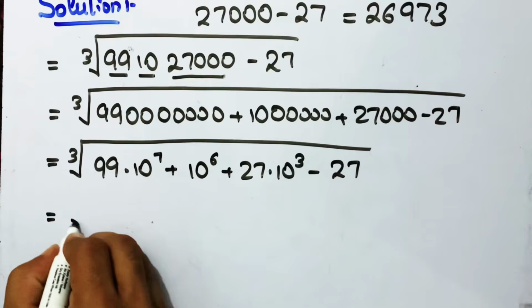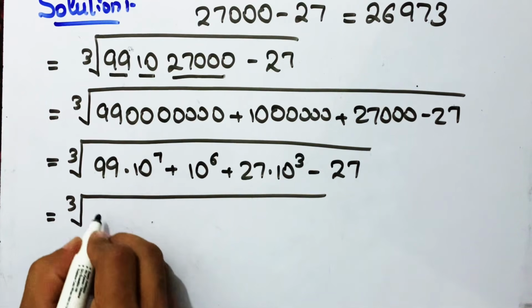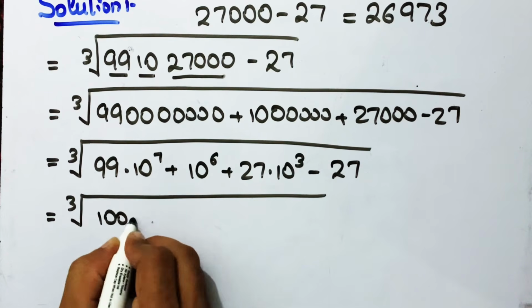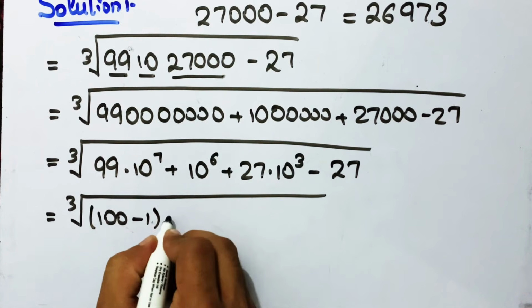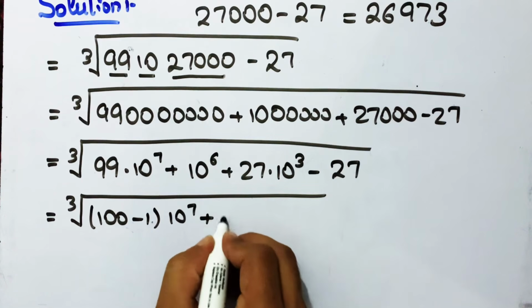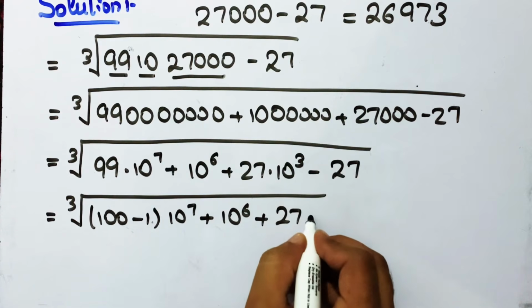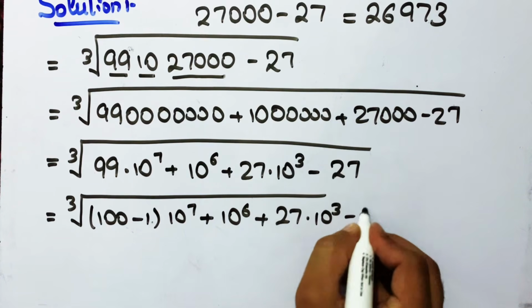So I wrote 99 as 100 minus 1, into 10 raised to the power 7, plus 10 raised to the power 6, plus 27 into 10 raised to the power 3, minus 27.